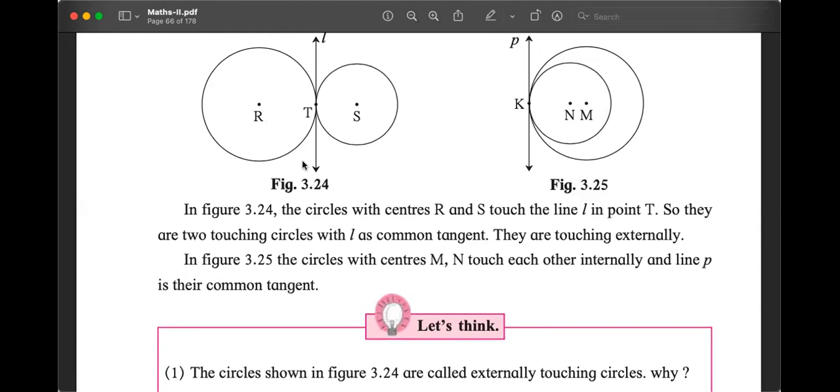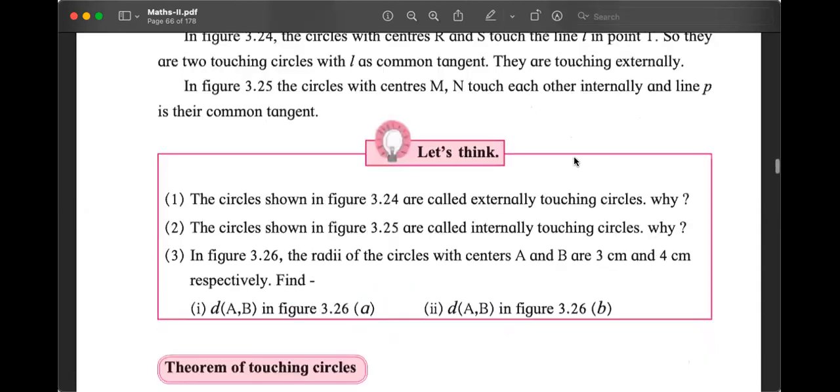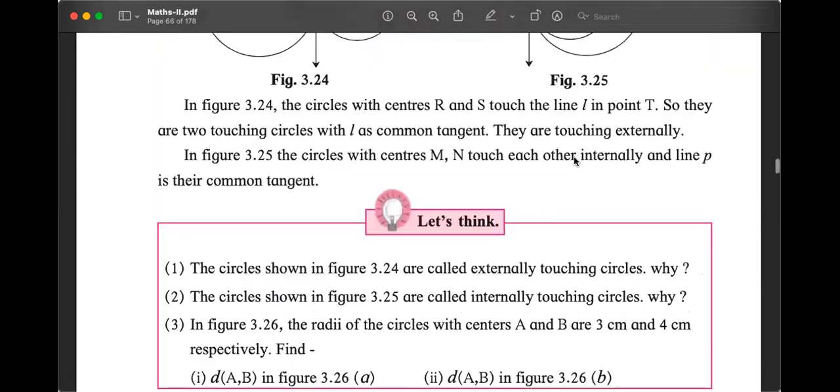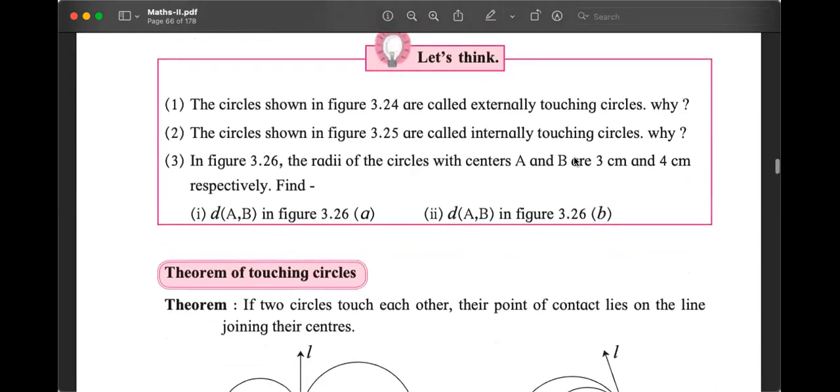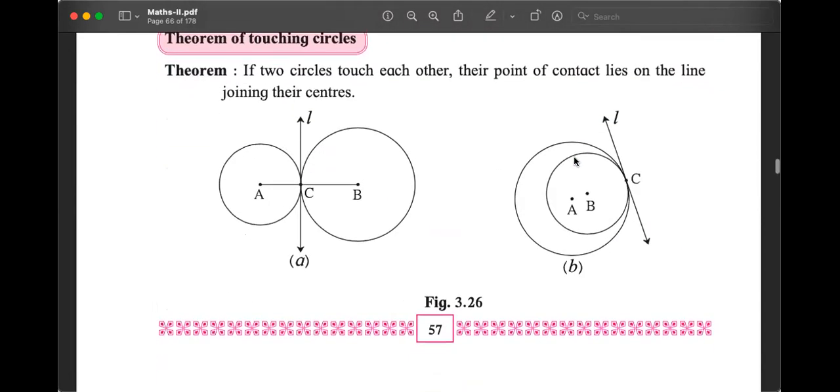So in one case it is radius 1 plus radius 2. In the other case, it is bigger radius minus smaller radius. That will be the distance between the centers. And the theorem was about collinearity of the points: the 2 centers and the point of contact, all the 3 points are collinear.